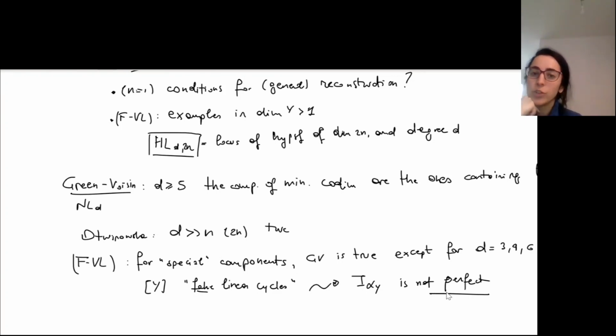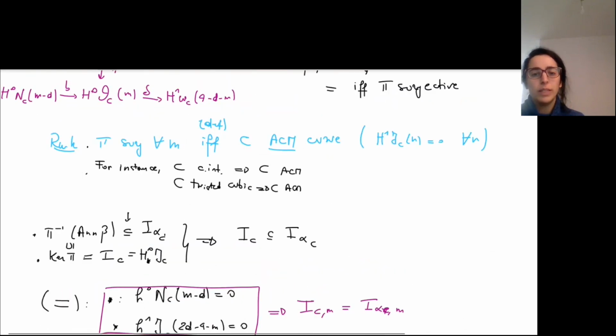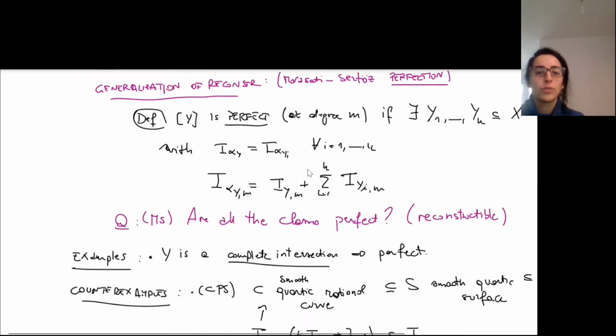We do not have conditions or classifications or something like this to understand when we can have a general understanding, a complete reconstruction of our algebraic subvarieties from the Hodge classes or not. And maybe I stop here.